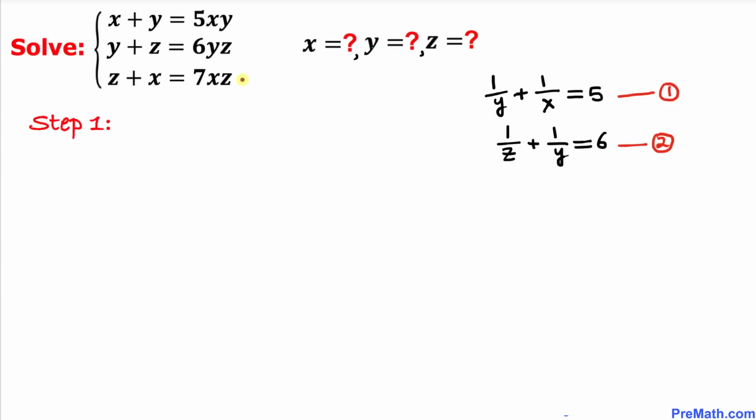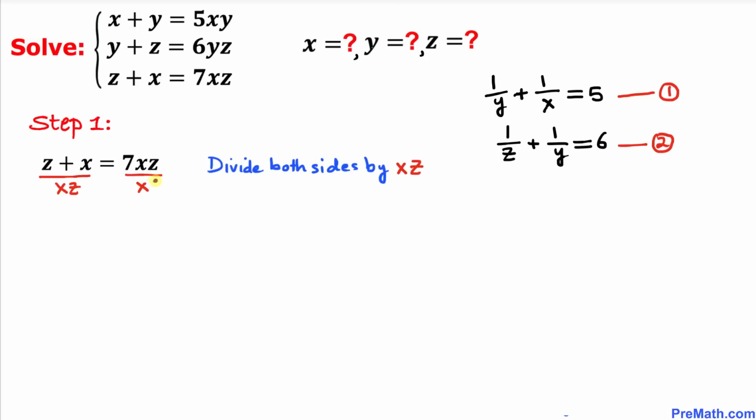And finally, let's focus on this third equation now. And here I have copied it down. Now let's go ahead and divide both sides of this equation by xz. On the right hand side, xz and xz are gone.